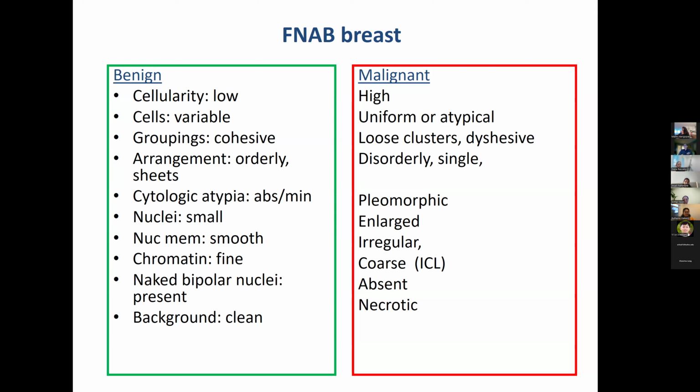And cohesive groups are usually considered benign, whereas loosely cohesive or discohesive groups are more often seen in malignant aspirates. And if they are orderly, it speaks more to a benign lesion versus disorderly cells. Then again, look at the nuclear details. Like we talked about, the malignant ones tend to be coarser, they look more angry, they're more pleomorphic, whereas benign ones tend to have smooth nuclear membranes, and the background tends to be clean, whereas in a malignant one, it tends to be more necrotic.